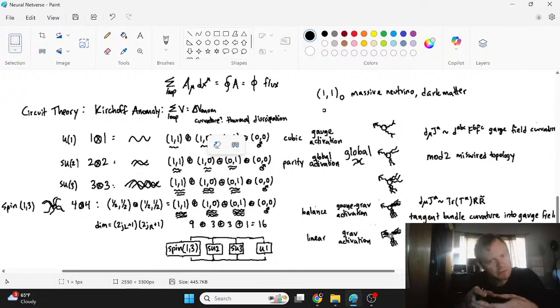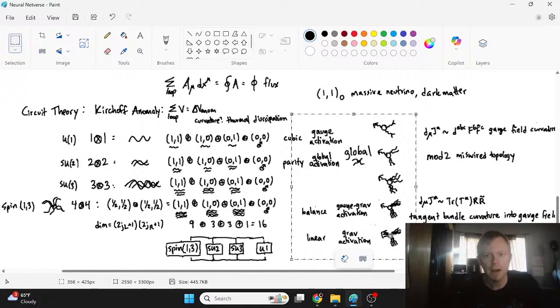If there's any kind of curvature, it would make the loop not be zero, and therefore you need a charge to fix that. And so we have the reasons why the anomalies happen: there's curvature in the neural netverse. These curvatures are causing the circuit components to not line up properly, and they require charges to close them.